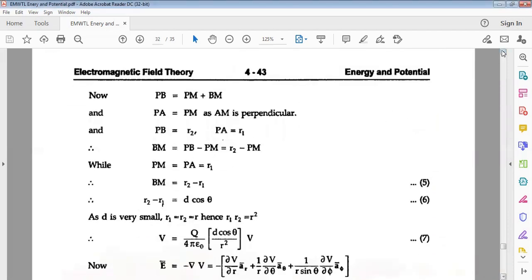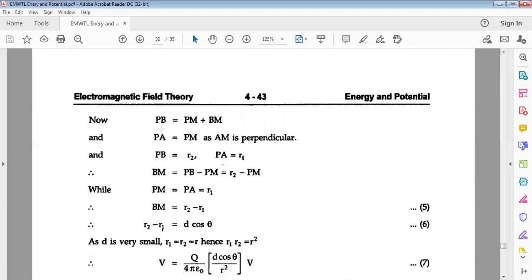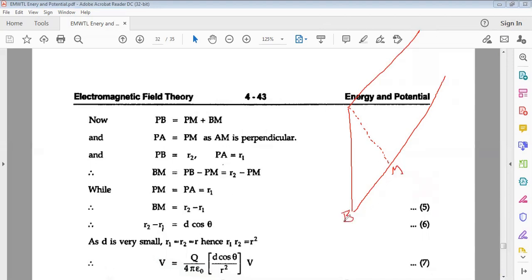Then, from this diagram, we get the equation PB is equal to PM plus BM. We draw the line like this, with a dotted line, the point M, the point B and the point A, and from the origin another line, showing the distance R1, R and R2.